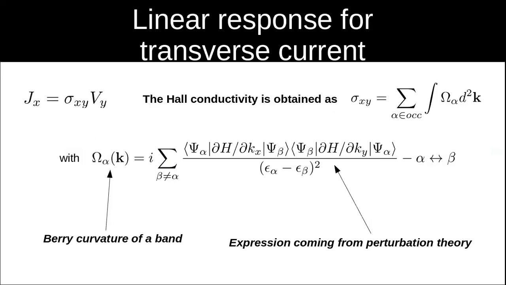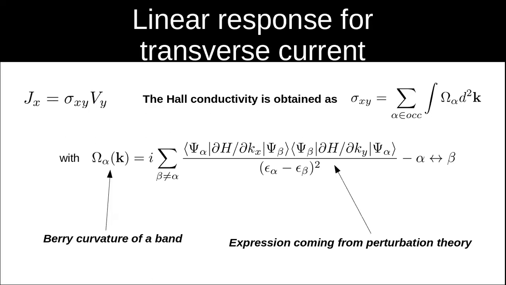Now, if you just directly apply the formula for perturbation theory that we saw previously in the definition of, let's say, the Hall conductivity, you automatically get this expression that you see here. This expression can look a little bit complex, but you can very easily recognize that we have the 1 over epsilon alpha minus epsilon beta that comes from the expansion of the wave functions.